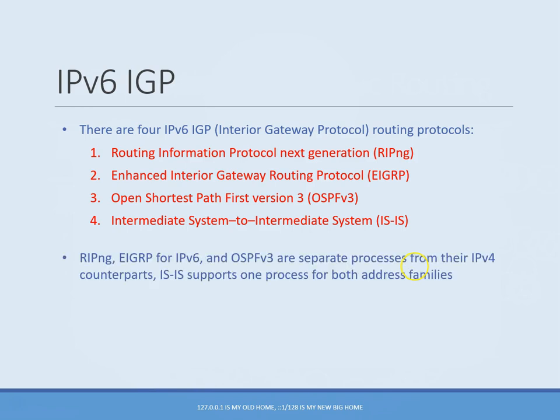RIP-NG, EIGRP for IPv6 and OSPFv3 are separate processes from their IPv4 counterparts.